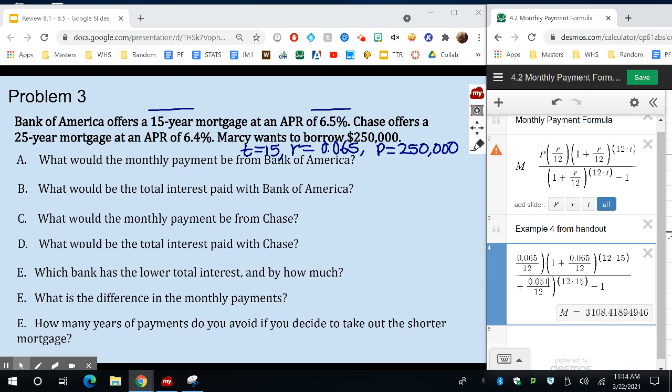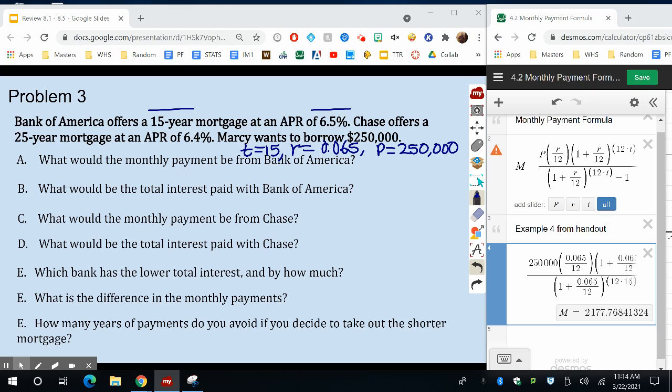That stays the same. 6.5. That's it. So we can say that the monthly payment for Bank of America would be $2,177.77.